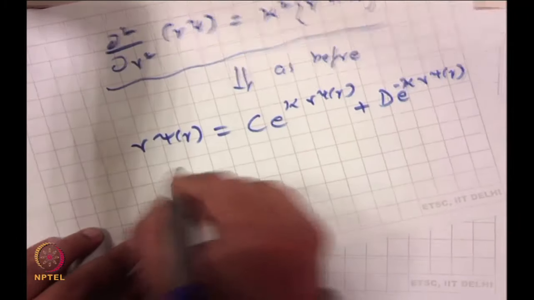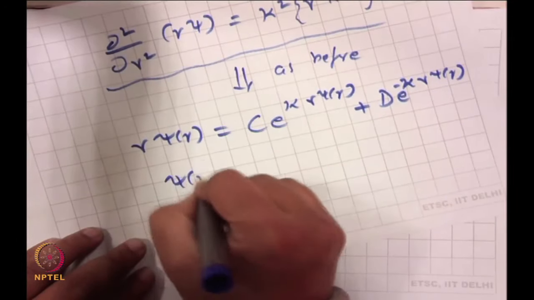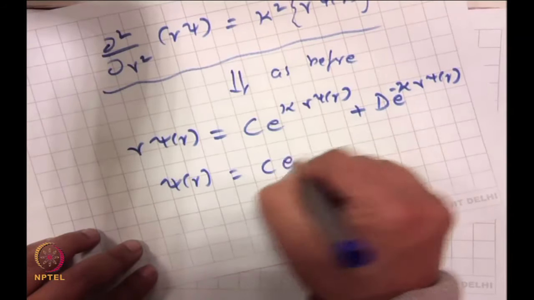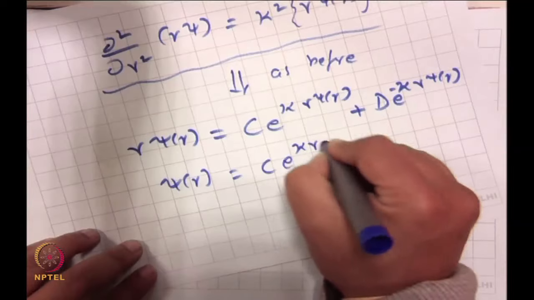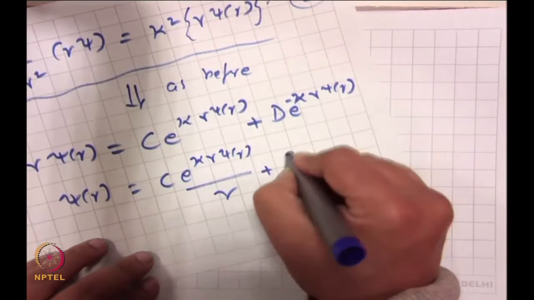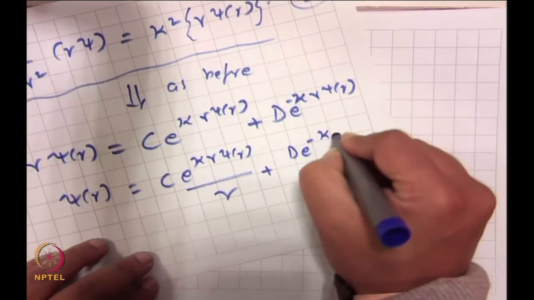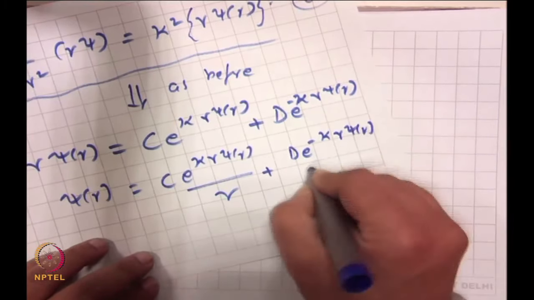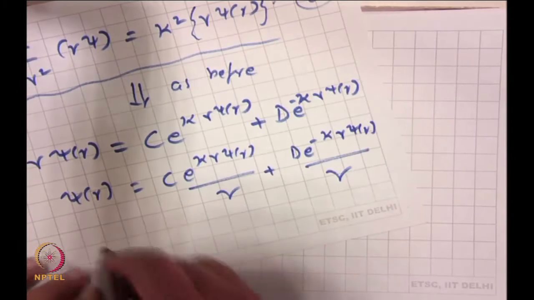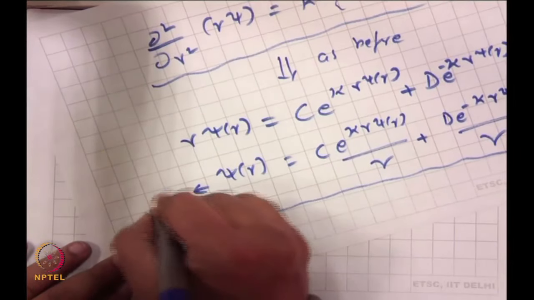Now if I write this, psi of r then is equal to what? C e to the power kappa r over r plus D e to the minus kappa r over r. So this is my most general solution. This should be equation 7.